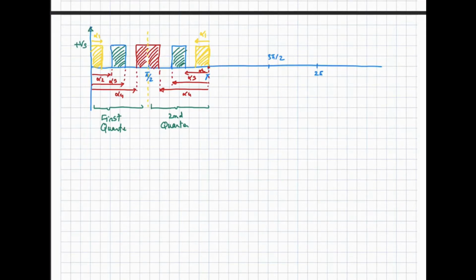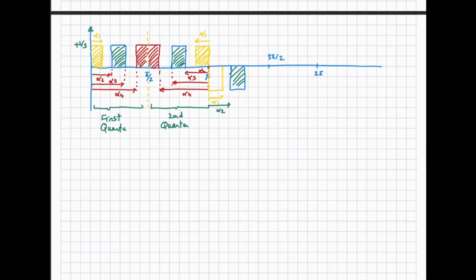Now the inverted version of this one must be there in the negative part, so I'm going to draw it over here, and I will mark the angle from this point. This is angle alpha 1, right? And then taking the second pulse, I have this image, right? So the angle of this one is alpha 2, right?